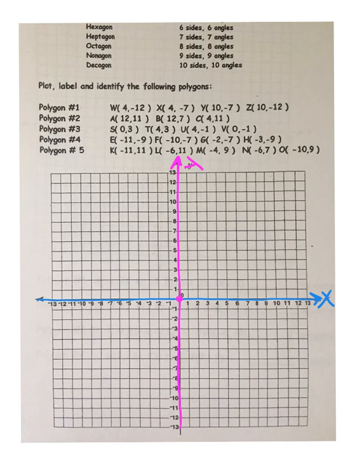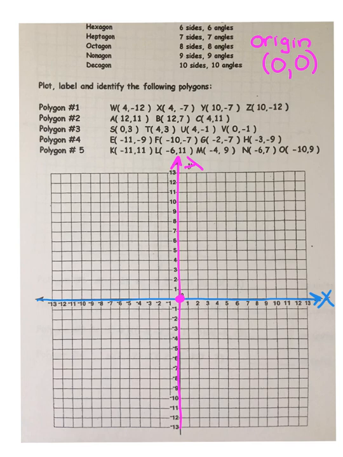Where the two intersect, that is called the origin. The ordered pair that represents the origin is 0, 0.